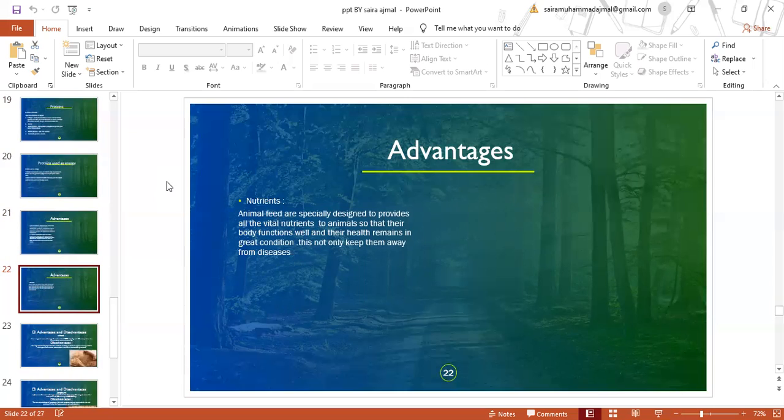Nutrients. Animal feeds are specially designed to provide all the vital nutrients to animals so that their bodies function well and their health remains in great condition. This not only keeps them away from diseases.